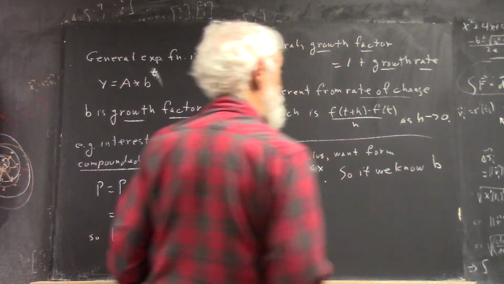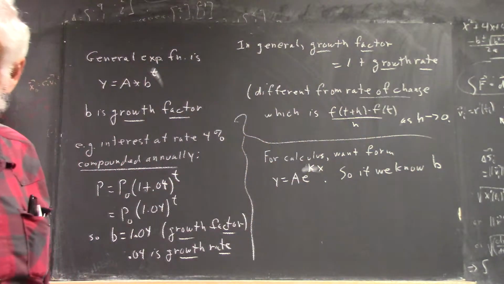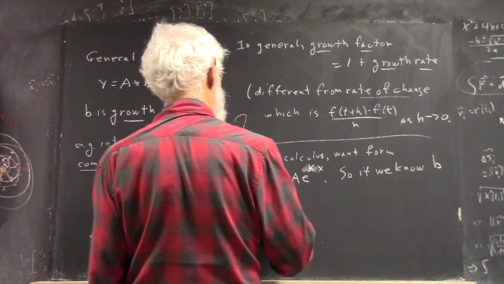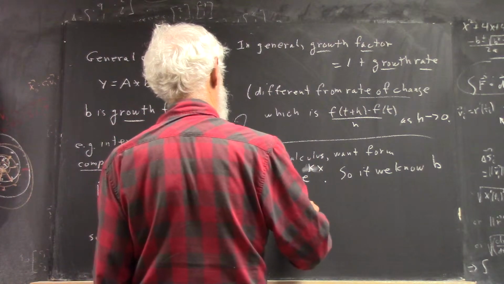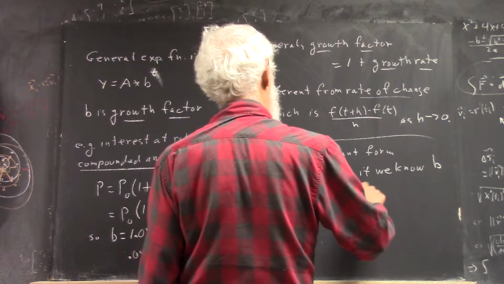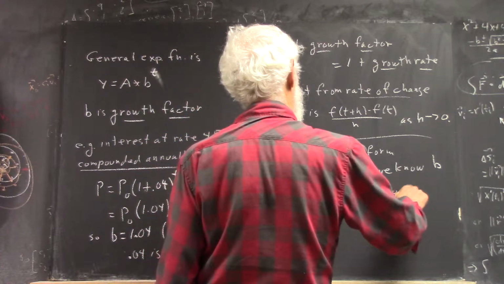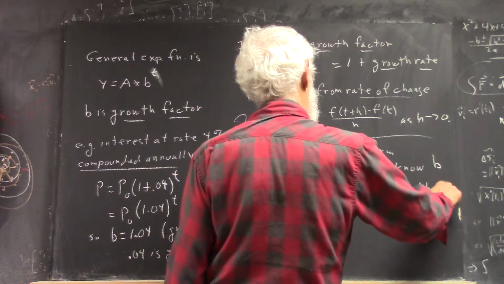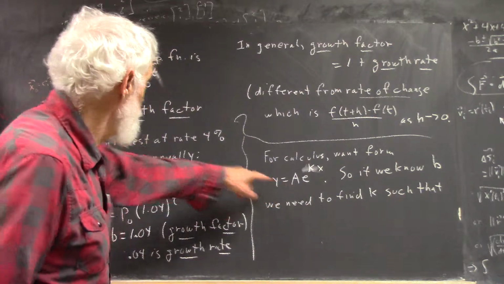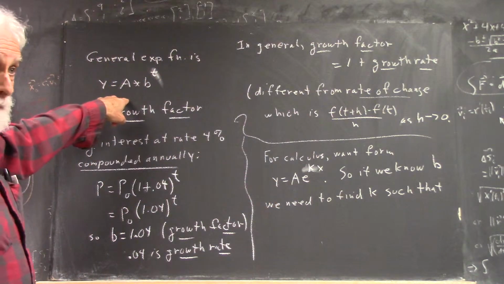So if we know b, our growth factor, we need to find k, such that this model is the same as this model.